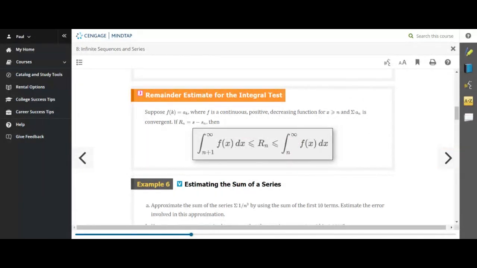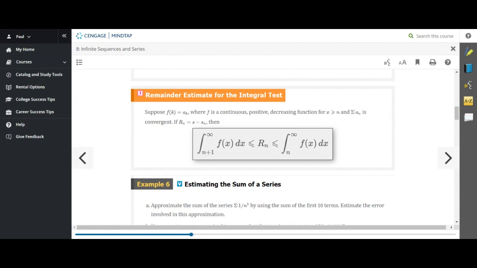So what they're doing is the remainder, R sub n, which is the error when you approximate an infinite series sum with an nth partial sum. That remainder is between two values. It's bounded between a value on the left and a value on the right based on this remainder estimate.